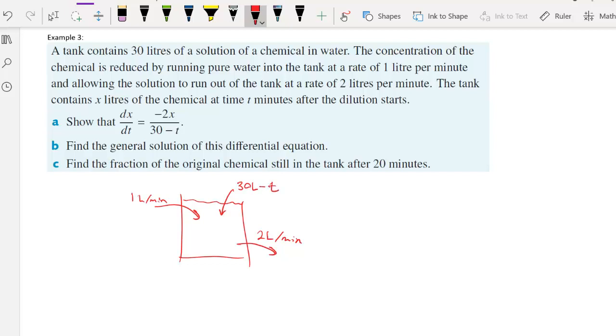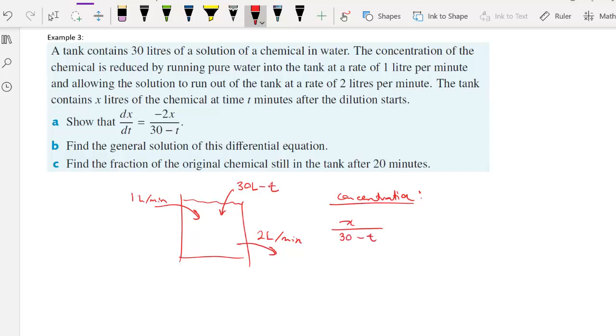That is, we're losing a liter a minute. And the concentration at any point in time will be the amount that we have, which is x, out of how many liters is left. So that would be 30 - t.